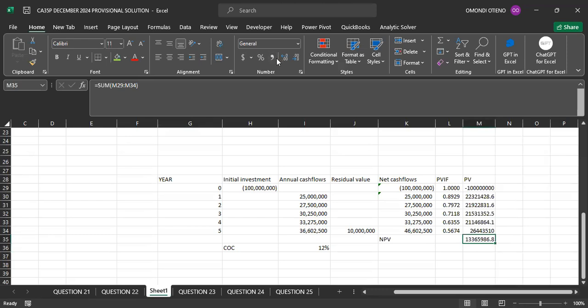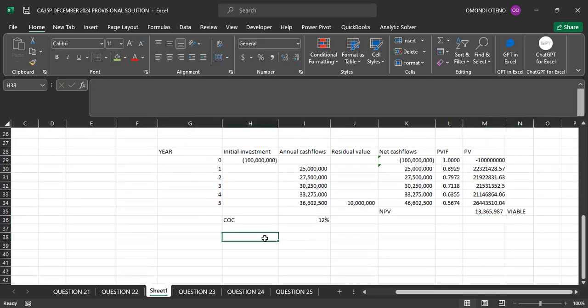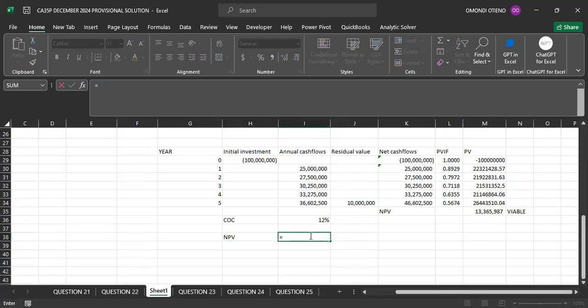So that is what we are getting as the net present value. And you can see it is positive, so we call this viable. Another way now, as an advanced student, we need to get net present value by use of that particular function. So our net present value is NPV.